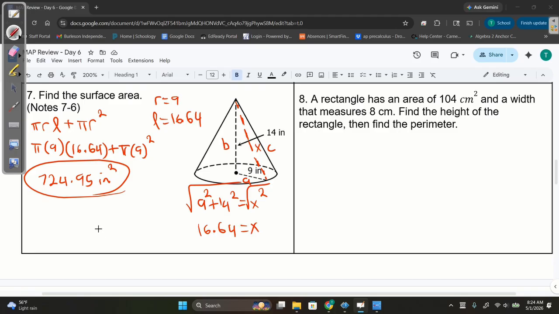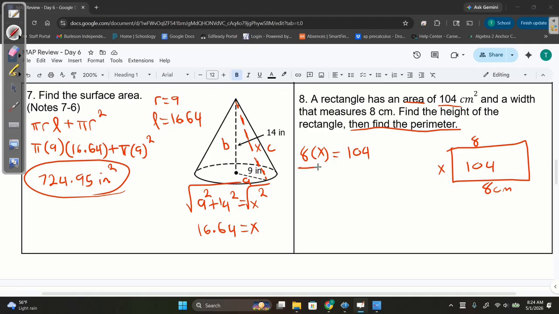And the last shape question before we get into probability. Number 8. A rectangle has an area of 104 centimeters squared and a width that measures 8 centimeters. Find the height, and then find the perimeter. So if this side's 8, this is also 8 up here. The height we're going to find because we can say that length times height, 8 times x, equals the area, 104.